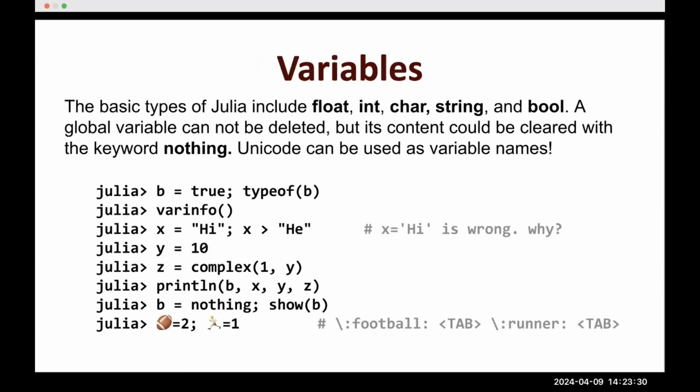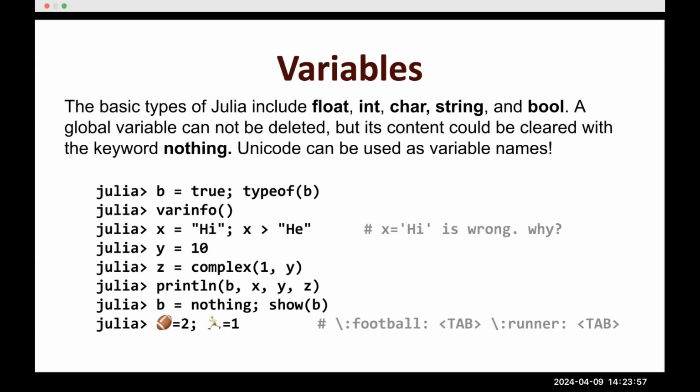Okay, so for variables, there are 4 or 5 basic types. Like float, that's just regular real numbers. You have integers. You have char, which is just individual characters. You have strings, which are like an array of chars. You have Boolean values, true or false, only 2 values.